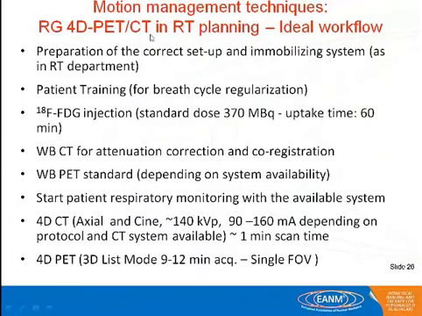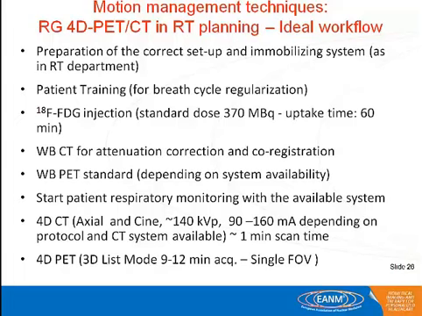So the workflow: preparation and setup with an immobilizing system as in the radiation therapy department, patient training, injection, whole body CT for attenuation correction and co-registration, and standard PET. Now we start monitoring the breath of the patient.